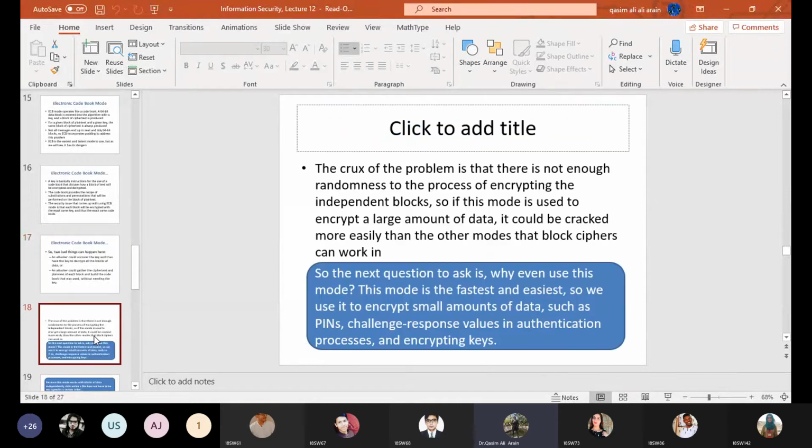So the crux of the problem is that there is not enough randomness in the process of encrypting the independent blocks. अब conclusion क्या निकला हमारे पास इस पूरे मोड के अंदर? Conclusion ये निकला कि we are unable to produce as much randomness inside our encryption process. और हमारा मेन गोल क्या होता है encryption के अंदर?